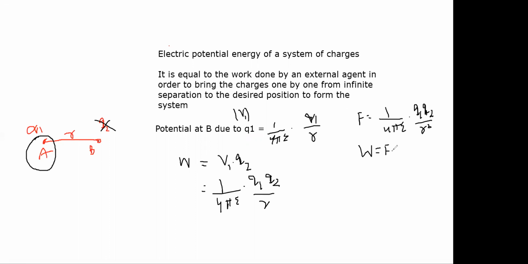The displacement between two points is the distance between them, so F into r. If you multiply F by r, the r gets cancelled and you get 1/4 pi epsilon 0 Q1 Q2 by r, the same formula. Understood?